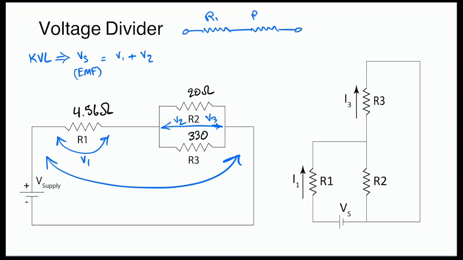So this second one is going to be R2 and 3, the equivalent of 2 and 3. So this is going to be V1, this is going to be V2 or V3, doesn't matter. But the total voltage here is going to be Vs, right?